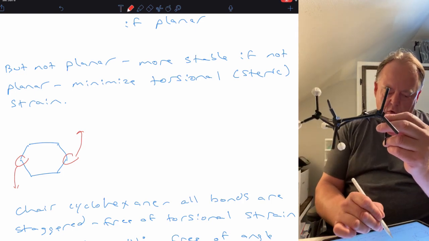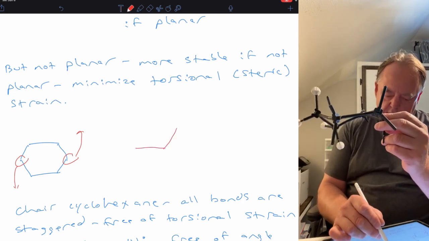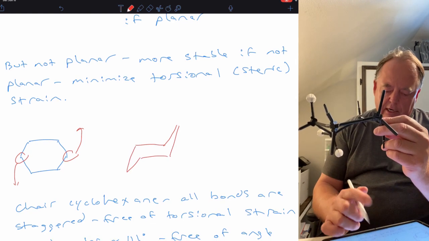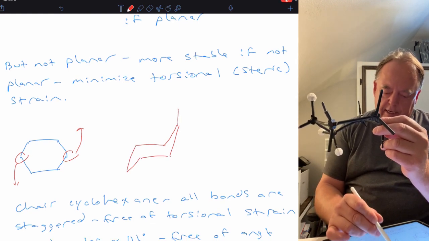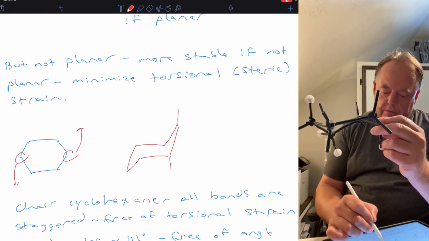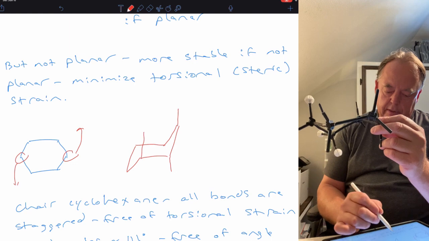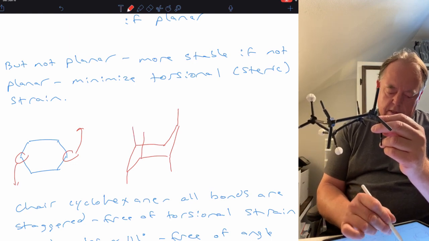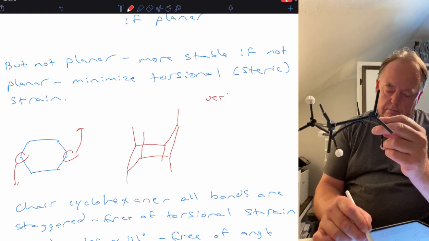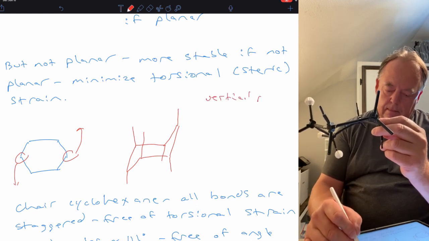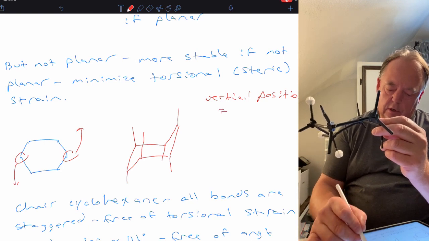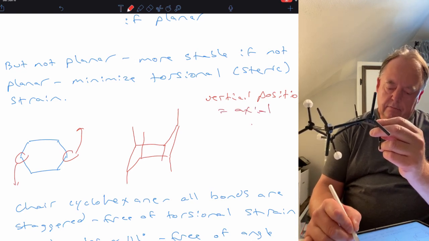So if we try to draw that, so that's the chair, and each of these carbons has a hydrogen up, vertical, and then on the next carbon it would be down, and then the next carbon it would be up, and then down, and then up, and then down. Those vertical positions are called the axial position.